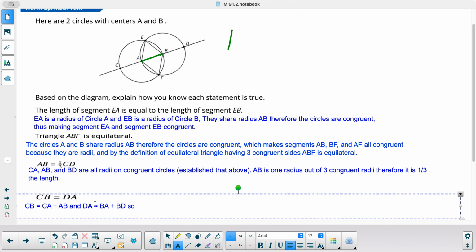So CB and DA are essentially a length of two congruent radii. Therefore, they are the same length. Okay.